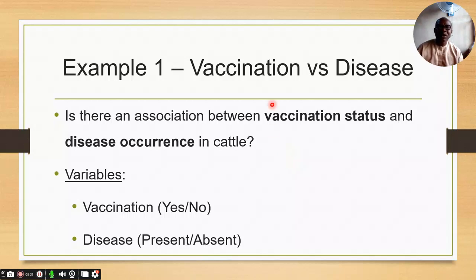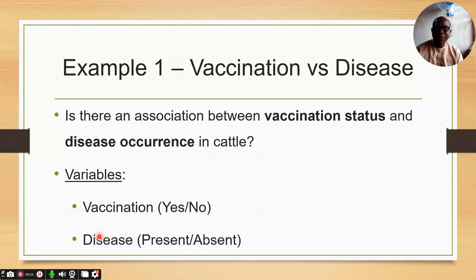The first one, we're going to be looking at vaccination versus disease. So the question here is: is there an association between vaccination status and disease occurrence in cattle? The variables of interest include vaccination, where you have yes or no. The yes or no puts the members of this particular population, the cattle this time around, in two categories: vaccinated, not vaccinated.